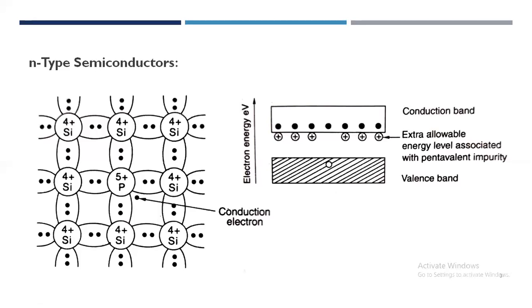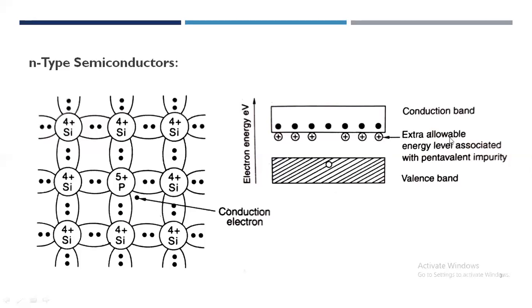In the energy band diagram, the energy level of this electron will be close to the conduction band, as indicated in this figure. This is the conduction band, and these are the electrons 1, 2, 3, 4, 5, 6, and 7, and these are the positively charged 1, 2, 3, 4, 5, 6.